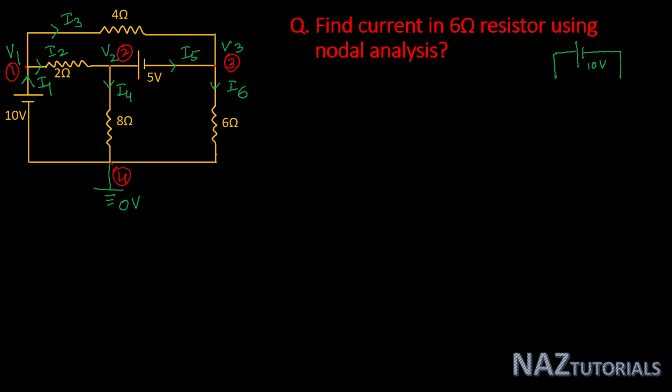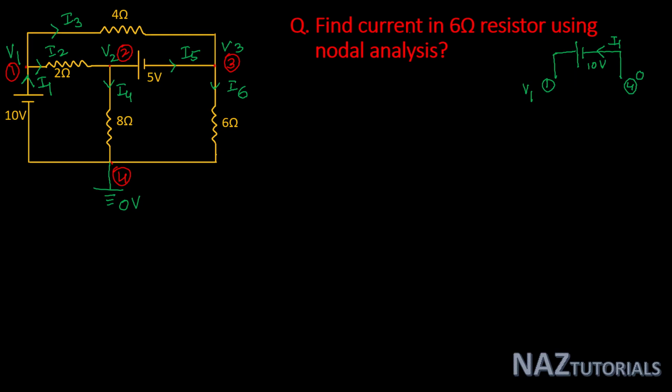The positive terminal is connected to node 1 and the negative terminal is connected to node 4. Node 1 is at V1 volt, node 4 at 0 volt, and assuming the branch current is from node 4 to node 1, this is our assumed branch current, that is I1.